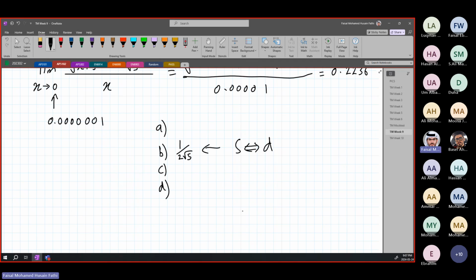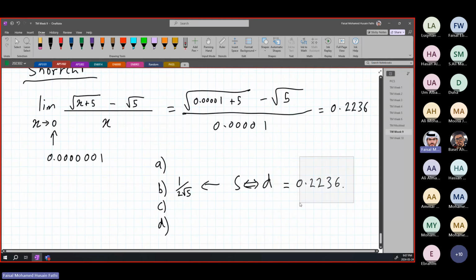You're going to notice that the answer is going to be 0.2236 as well. It's going to be almost the same number, but there's going to be more decimal points when you do it in this case. Obviously, the more decimal points you put, the more accurate it will be, but this is a shortcut method and you can use this for anything.